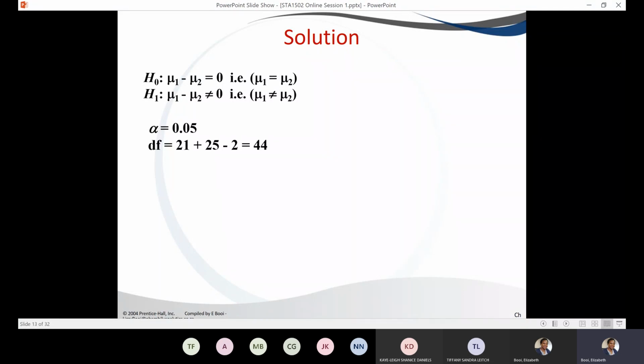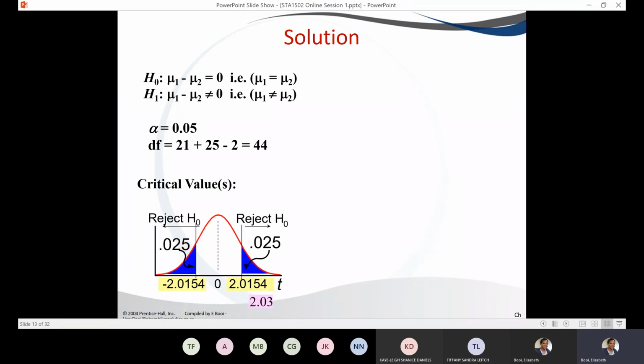We're going to use the degrees of freedom when we do the next step, which is the critical value. So now we're going to find the critical value. Finding the critical value means finding the region of rejection. Since we are doing a two-tailed test, we always look at the alternative side. Usually the null hypothesis, it doesn't matter whether there is an equal sign or not, it's always going to be equal.